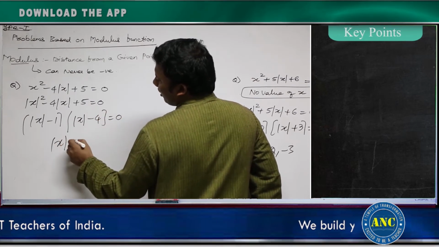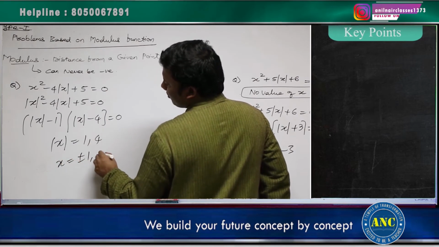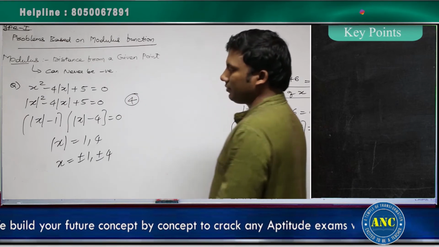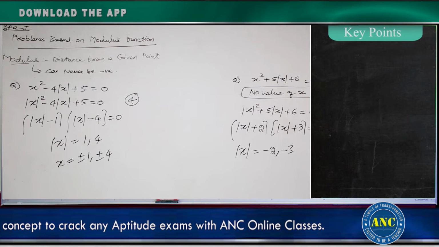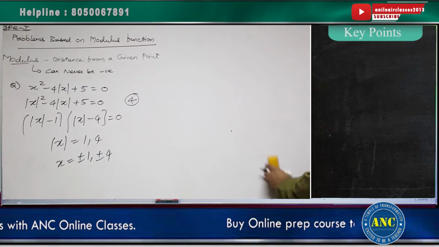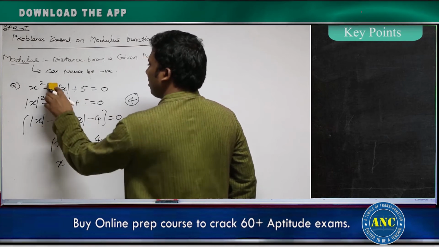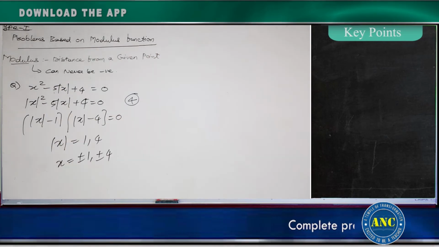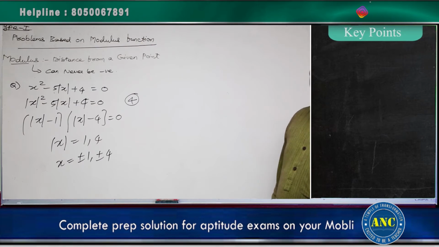Mod x will be 1, 5. That means x will be plus or minus 1, plus or minus 5. How many values? 4 values.